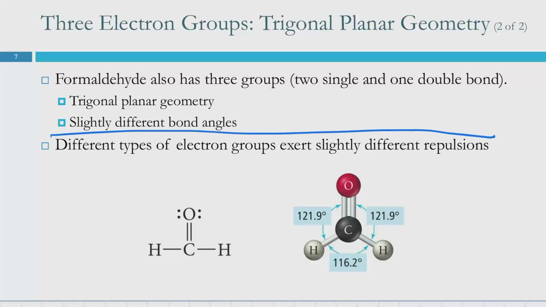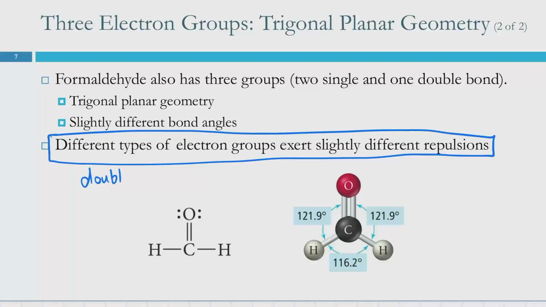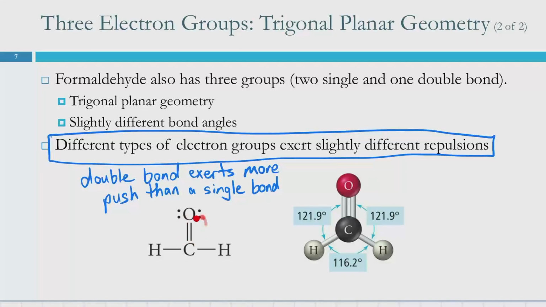Different types of electron groups exert slightly different repulsions. So a double bond exerts more push than a single bond, for example. Which I think makes sense. If we've got 4 electrons, we would expect that to be stronger than 2 electrons.